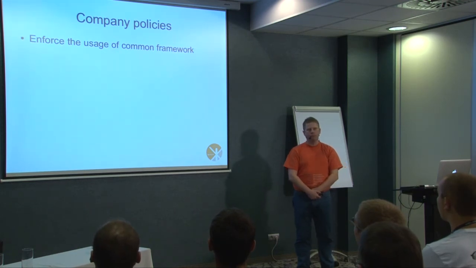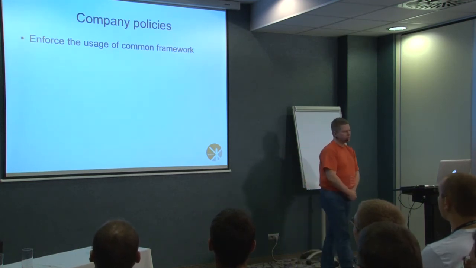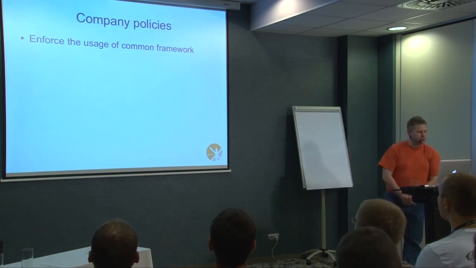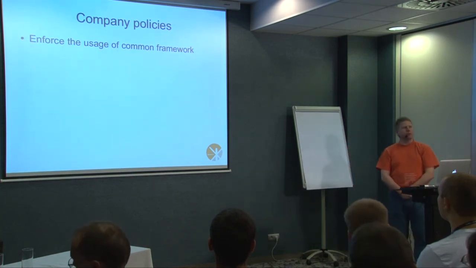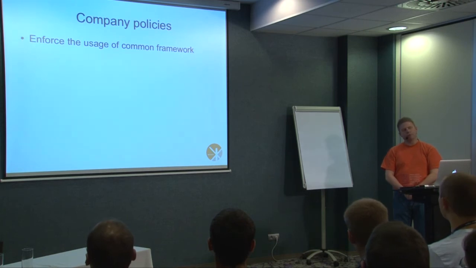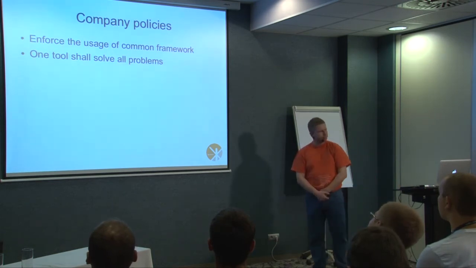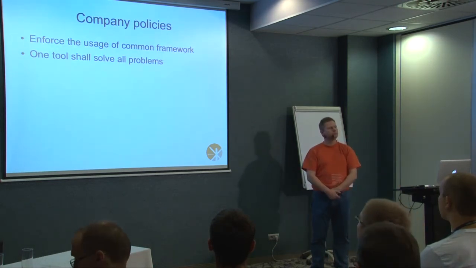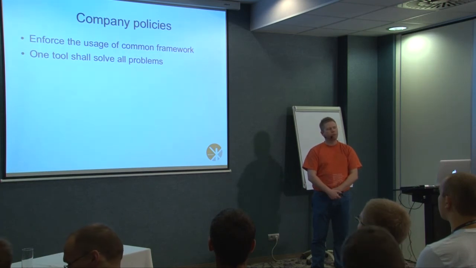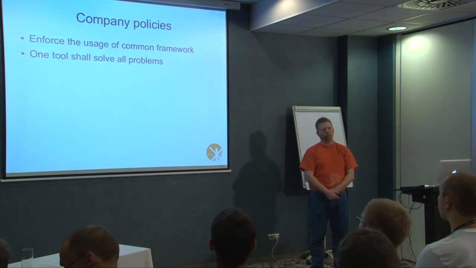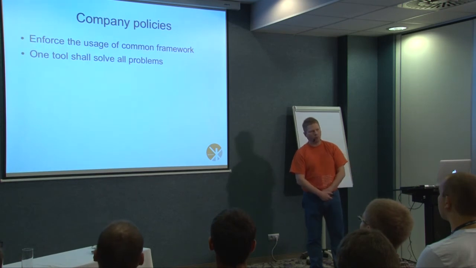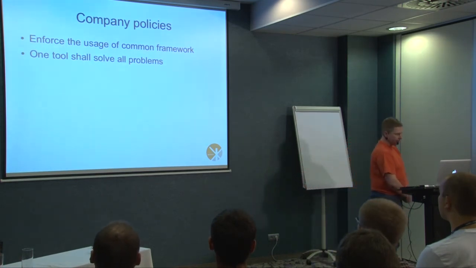So make sure that you have one common framework that everyone is very familiar with, and that should solve the entire problem. So if you have different problems, make sure that you use the same framework. 1, 2, yep. So make sure that everyone is equipped with one good tool, say a hammer. Then all problems will look like nails, and that's a good thing.